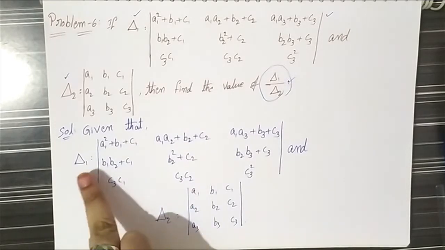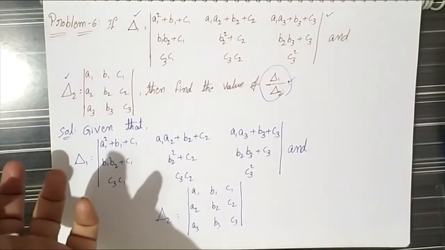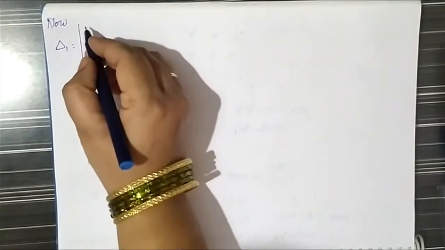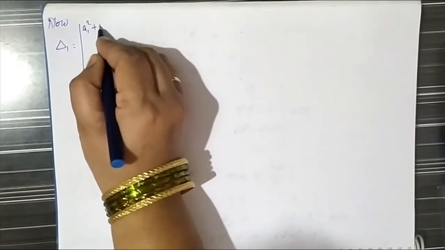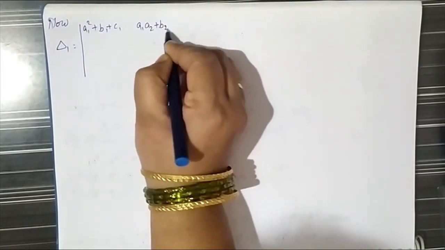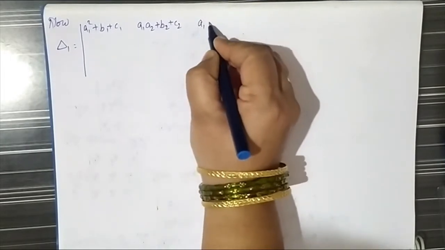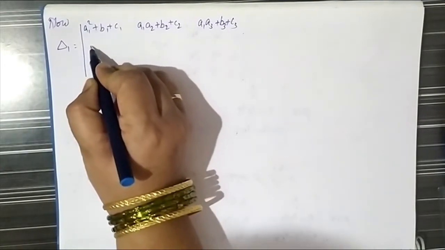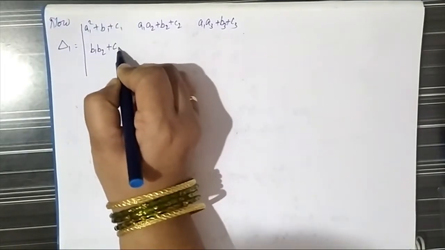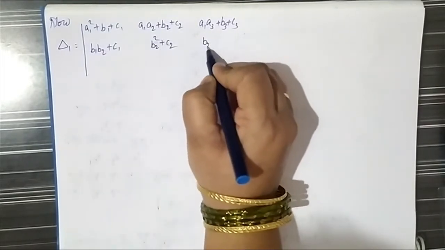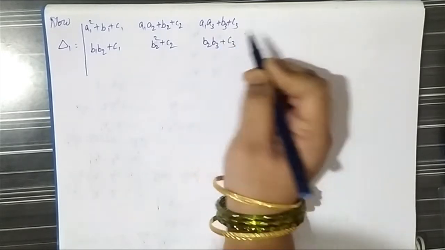Now we take the delta 1 value. Delta 1 equals the determinant a1 square plus b1 plus c1, a1 a2 plus b2 plus c2, a1 a3 plus b3 plus c3, and the second row is b1 b2 plus c1, b2 square plus c2 and b2 b3 plus c3.